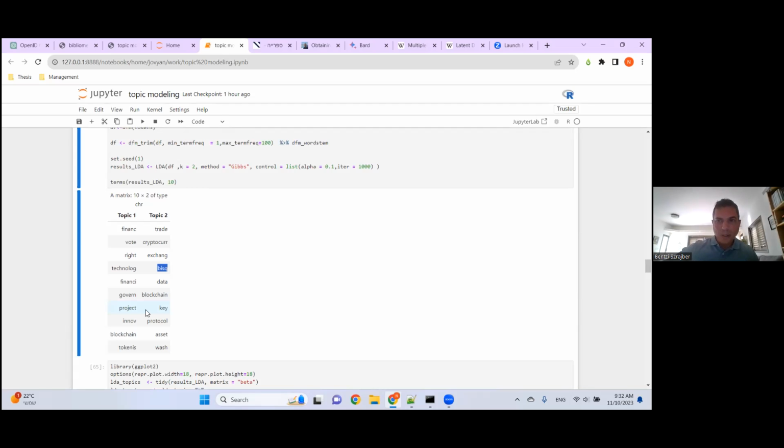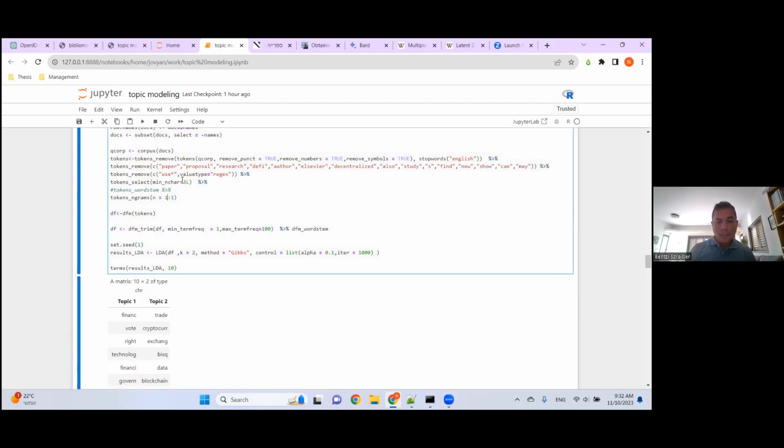Maybe we need to go back to the query that we did on Scopus or Web of Science and try to expand the query, because maybe we have new keywords that we didn't see before. Wash, what is this word going to say? Maybe we want to do a bigram and not a single word.